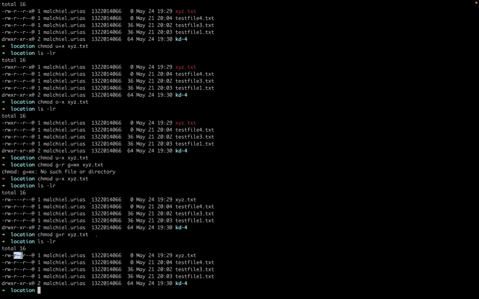I want to give this group write and execute permissions only. I don't want it to have read permissions again. In one command, how do I do that? You want to give write and execute permission? Yeah. chmod. I don't know if it's going to be right, but let me just try.